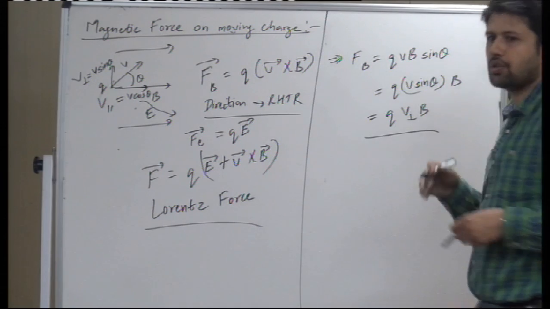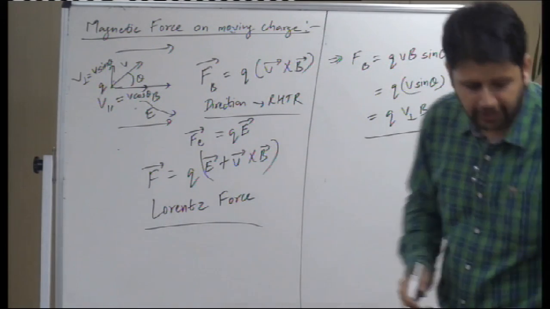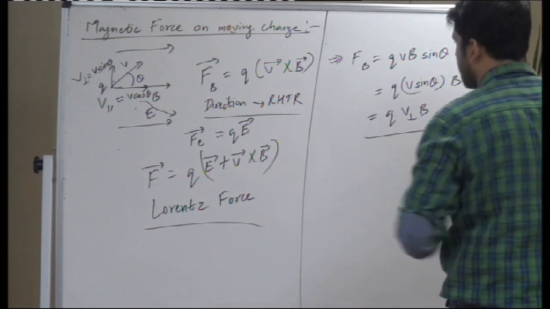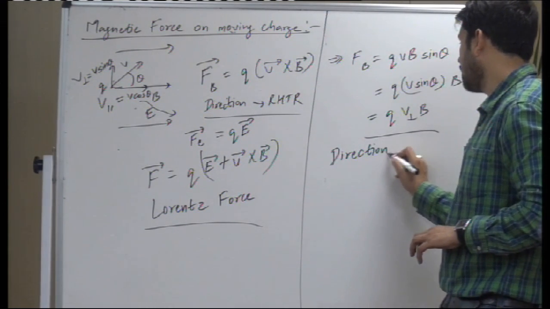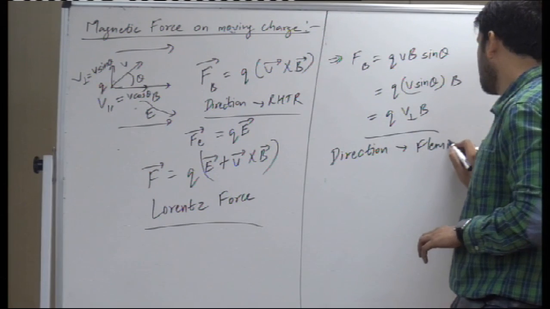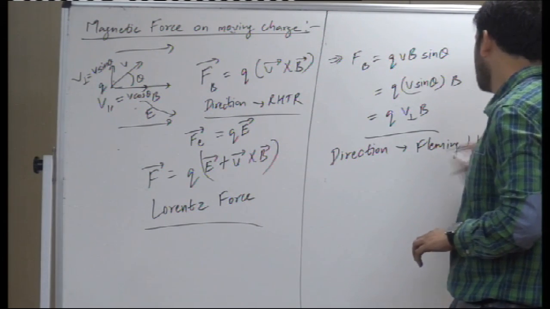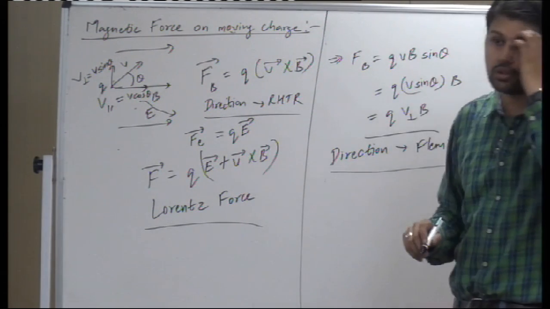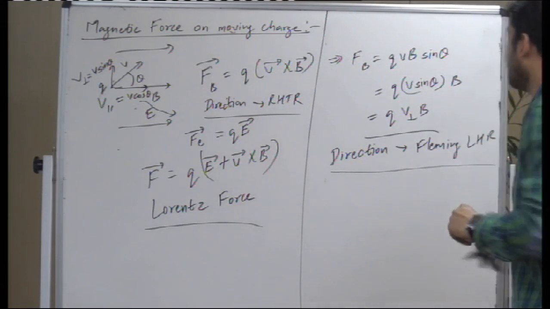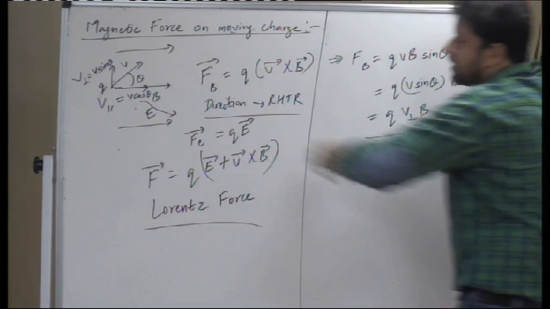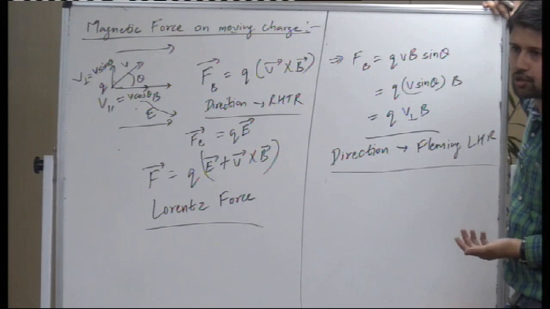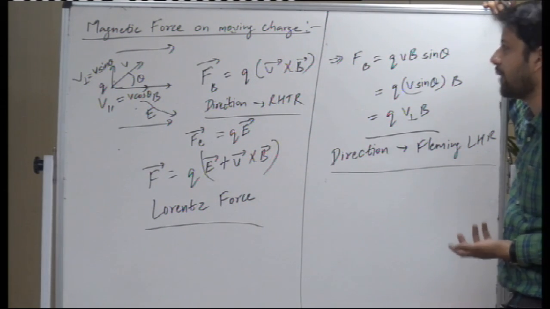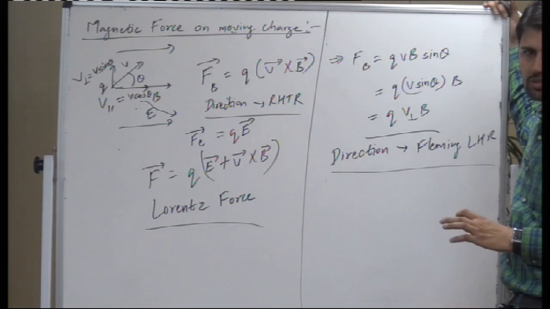So if you take only the perpendicular component, the direction can be given by another rule which is called Fleming's left hand rule. Why only the perpendicular component? Because the parallel component will give a cross product of 0, so no magnetic force acts because of the parallel component.